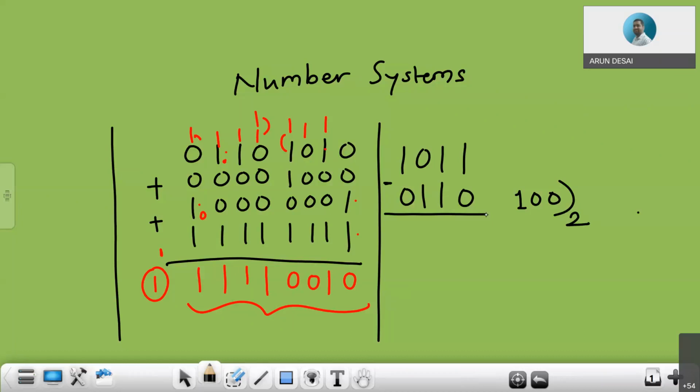Okay, the answer is 0101. No issues. 1 minus 0 is 1. 1 minus 1 is 0. 0 minus 1 is 1 with borrow, 1 minus 1 is 0. So this is how you can subtract, right?